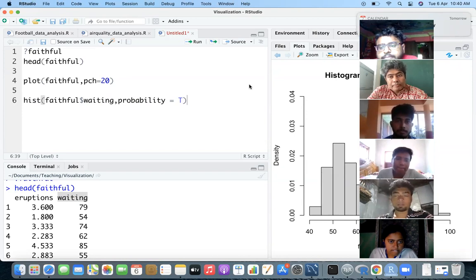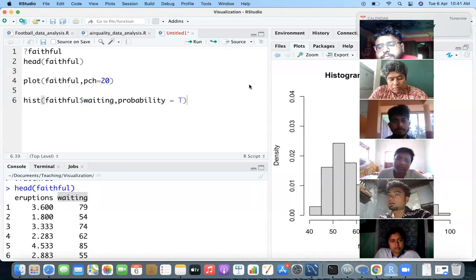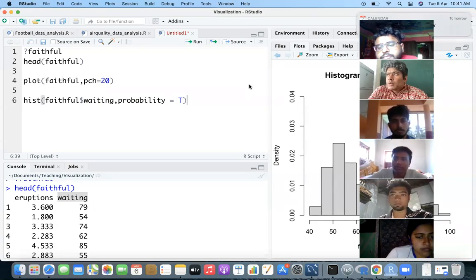Sir, it's like a combination of discrete and continuous distributions. Yes, essentially it's a combination, but we have parameters to adjust the amount of weightage we take from each of those distributions.